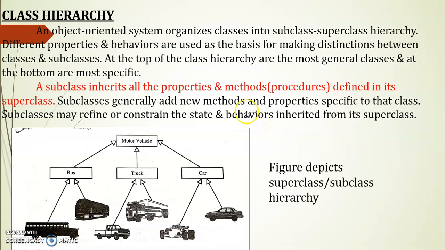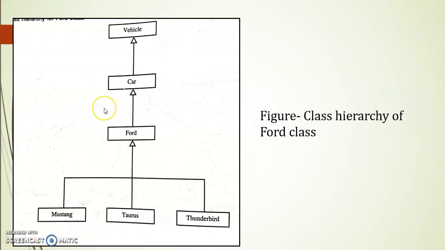Class hierarchy. Here, motor vehicle is the superclass. Bus, truck, and car are the subclasses of motor vehicle. A subclass inherits all properties and methods defined in its superclass. This is a hierarchy of a Ford class.